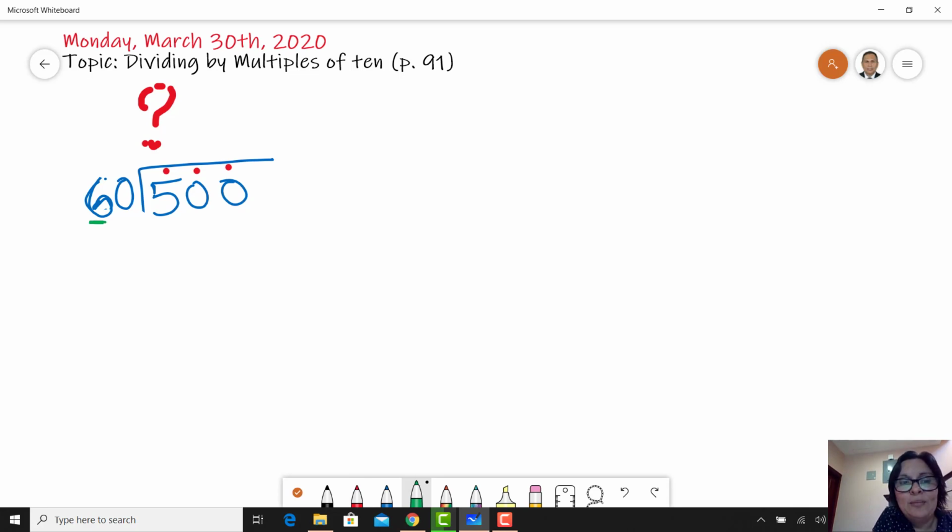And from here, number 5 is less than 6, so we are going to take 50. We are doing this, I repeat, only to investigate what number is going to be here, okay?